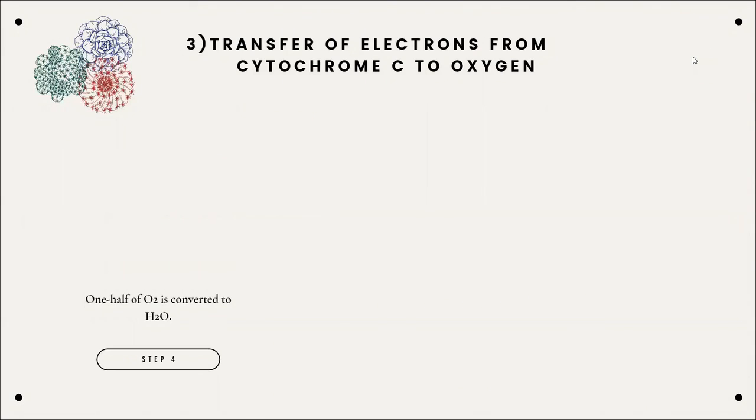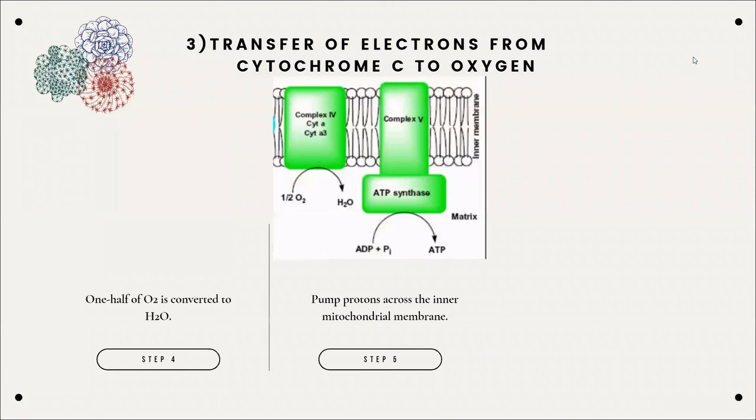Therefore, for each NADH that is oxidized, 1/2 of an oxygen molecule is converted to H2O. The energy produced by the transfer of electrons from cytochrome C to oxygen is used to pump protons across the inner mitochondrial membrane. As the protons fall back into the matrix, ATP is generated.